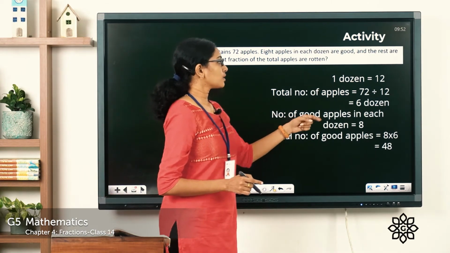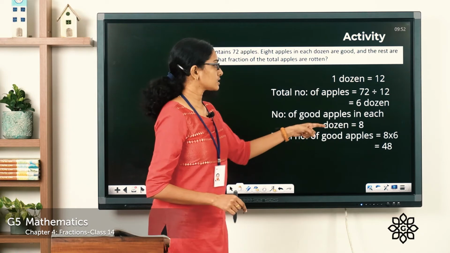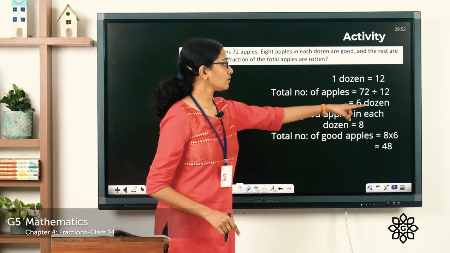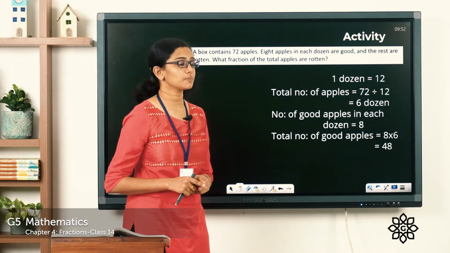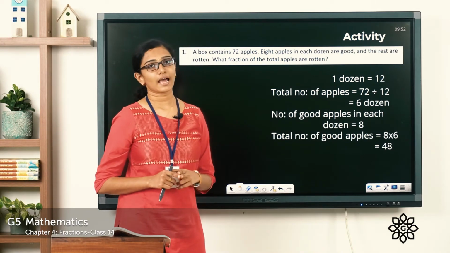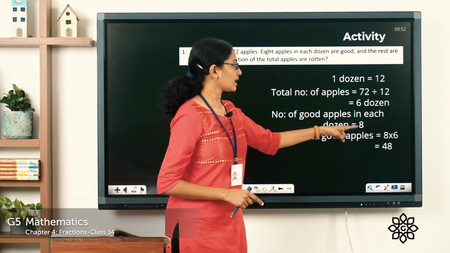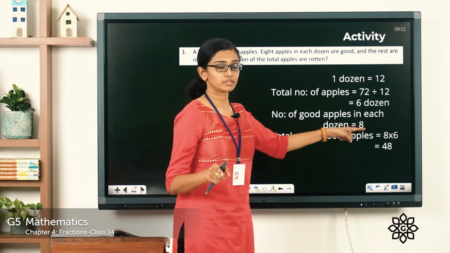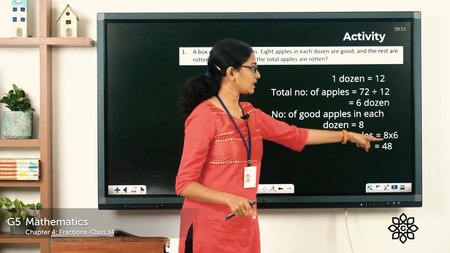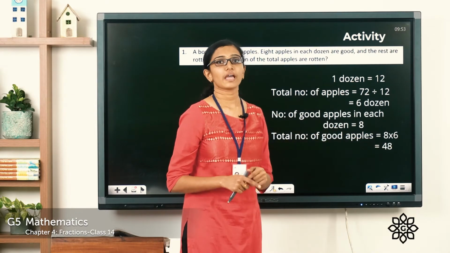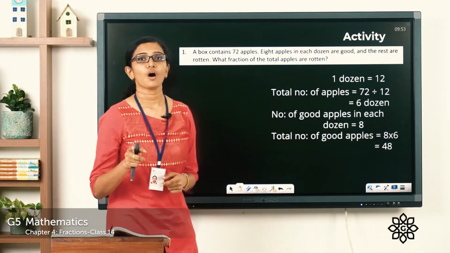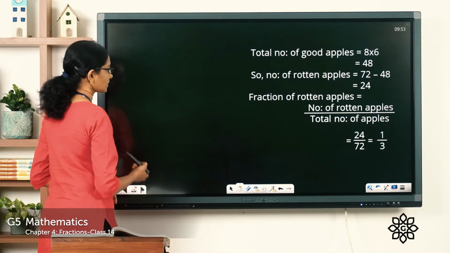So the number of good apples in each dozen is equal to 8 and we have 6 dozen. So in total how many good apples will be there? The total number of good apples will be equal to 8, the number of good apples in each dozen, into 6, the number of dozen. So that is equal to 8 into 6 is equal to 48.